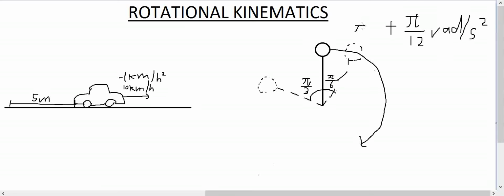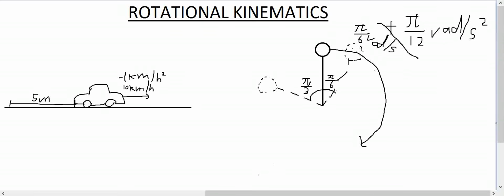Let's say from here to here the velocity is constant, so the velocity here is pi over 6 radians per second.